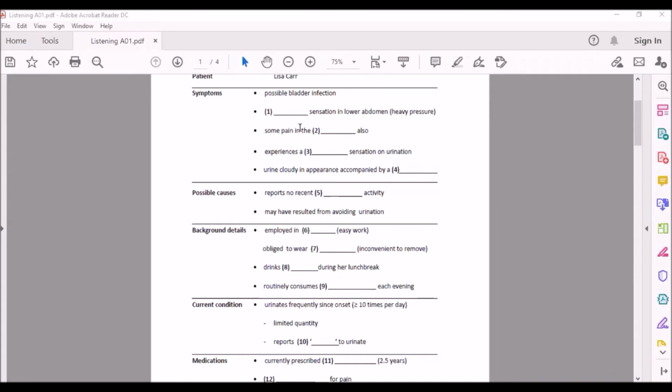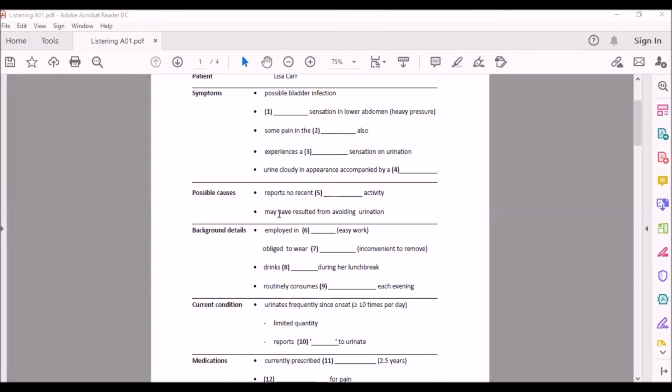These lines that don't have any gaps will help you learn about the structure of the recording and the way the information is presented, the order the information is presented.